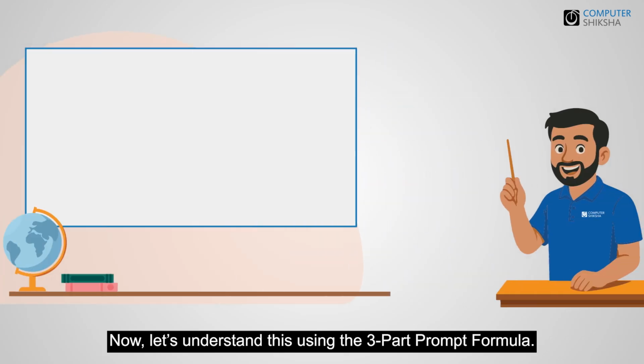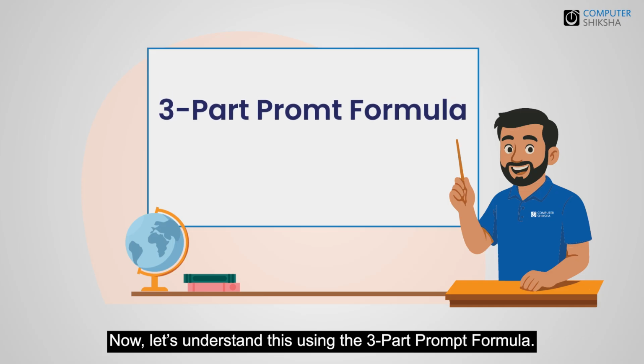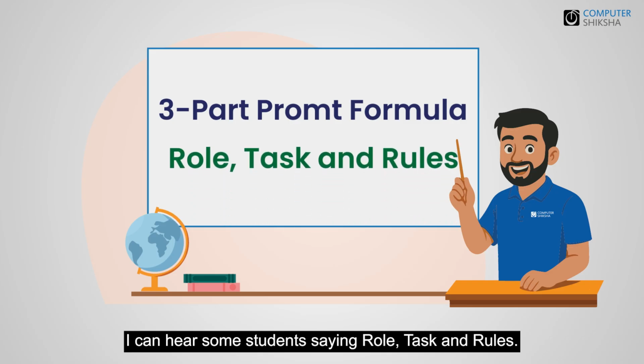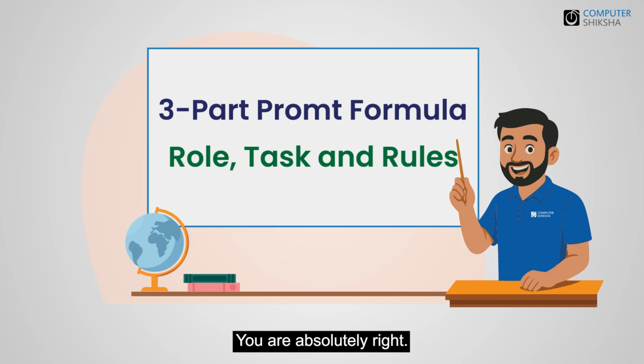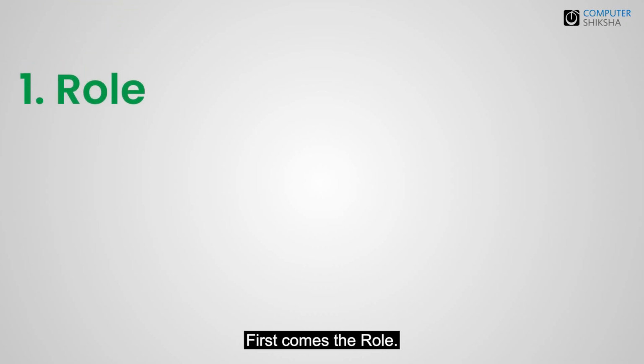Now, let's understand this using the three-part prompt formula. Students, do you remember the three-part prompt formula? I can hear some students saying role, task, and rules. You are absolutely right. First comes the role.